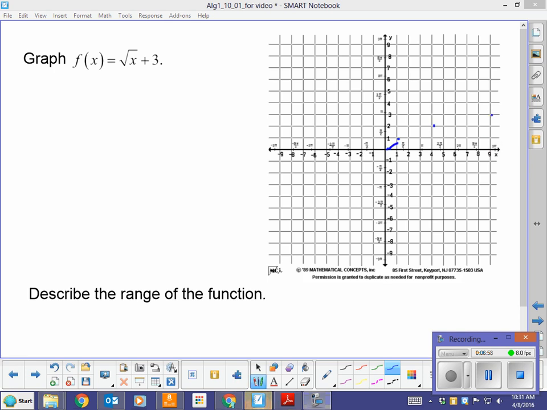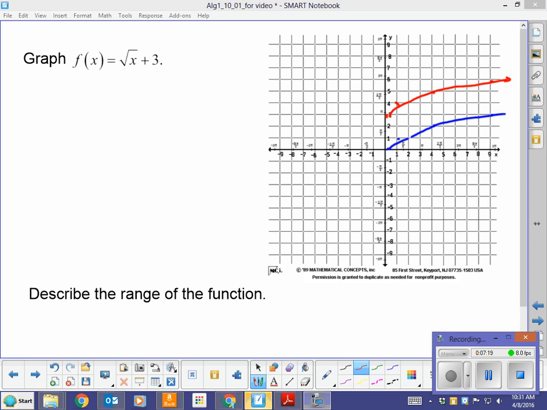If I'm going to shift this up by 3 spaces, then everything moves up 3 spaces. So 1, 2, 3. This one goes up 1, 2, 3. This one goes up 1, 2, 3. And this one goes up 1, 2, 3. Okay, so there's my new graph.